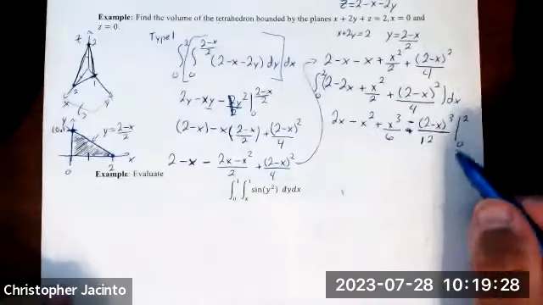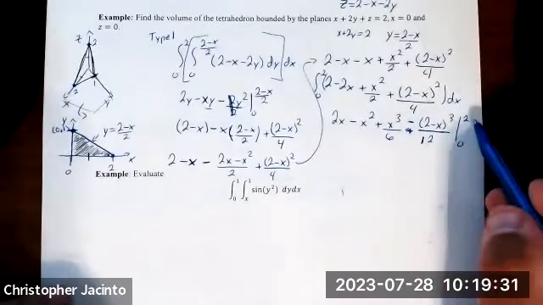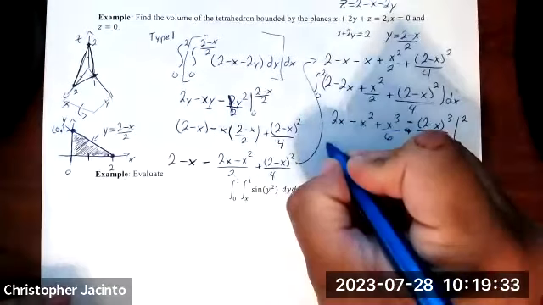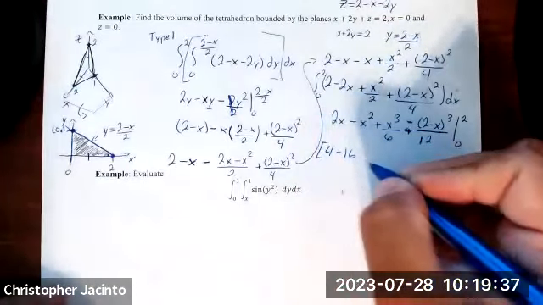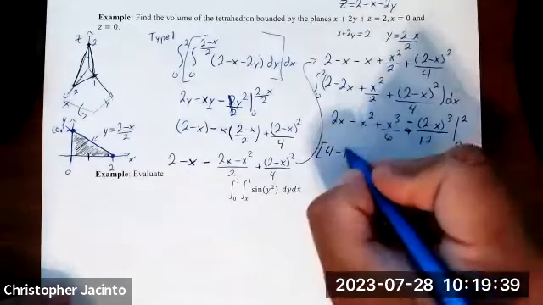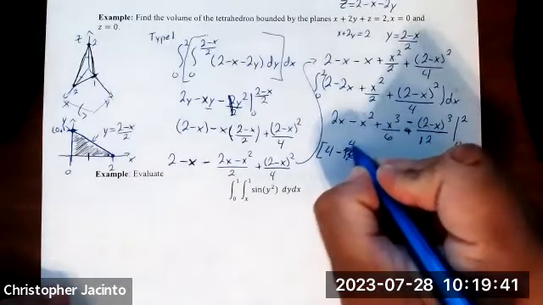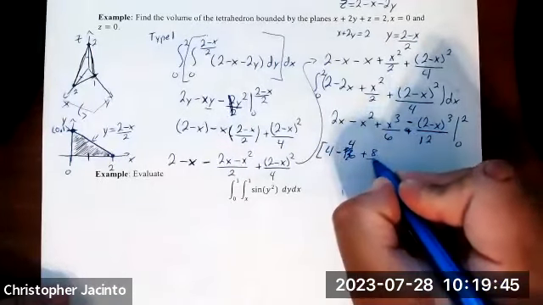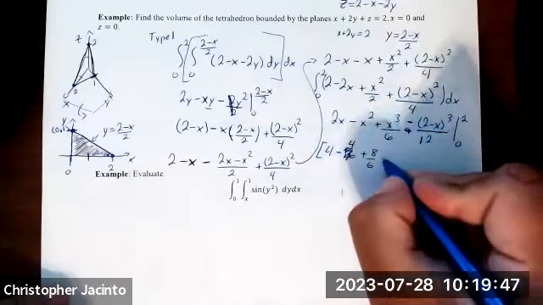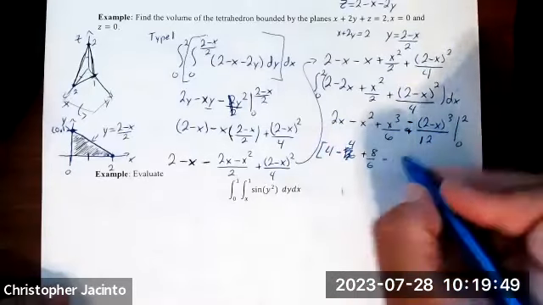Okay. Now we just plug in. 0 is nice. Plug in 2, we get 4 minus 16. Oh no, why am I doing 4? This is a 4. Crazy. Plus 2 to the third is 8 over 6. Minus, plug in 2, I get 0.